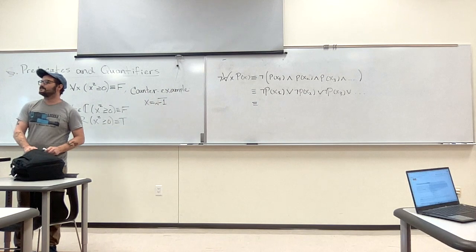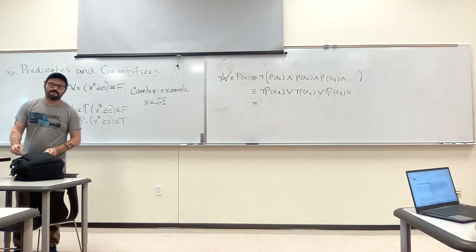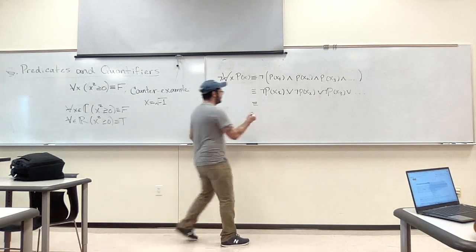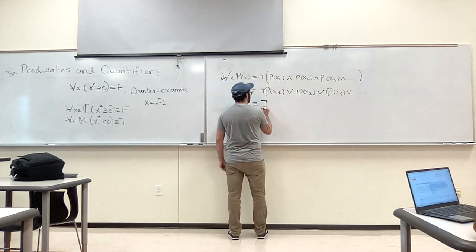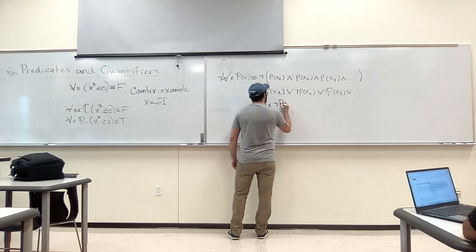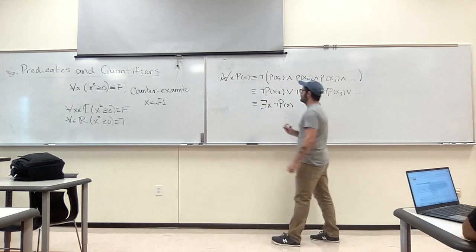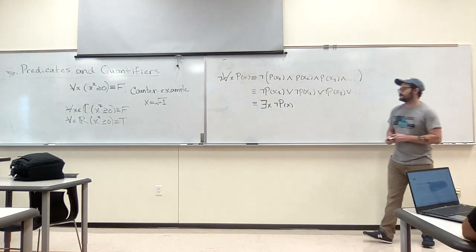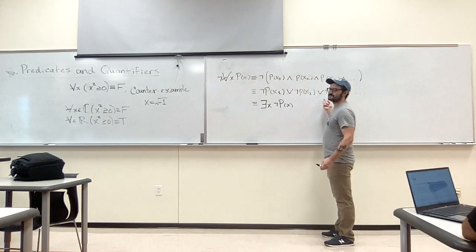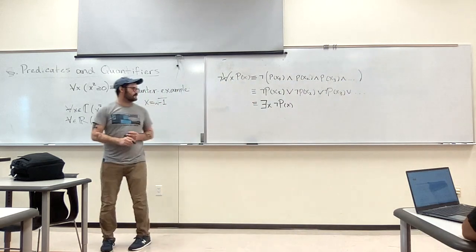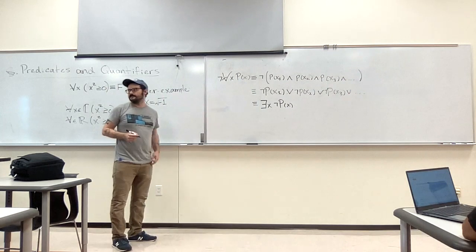Think about what we did today. We saw it earlier. Yes, the existential. This is, there exists x, not P of x. Yeah, we have a bunch of ors now, which is the existential quantifier. So this is like De Morgan's law applied to the quantifier.